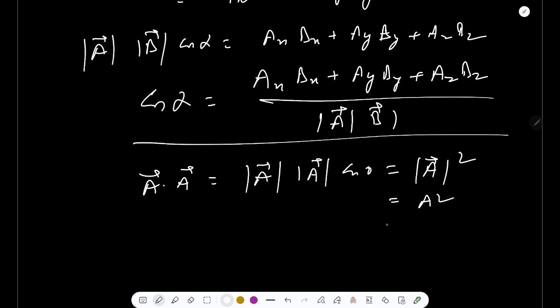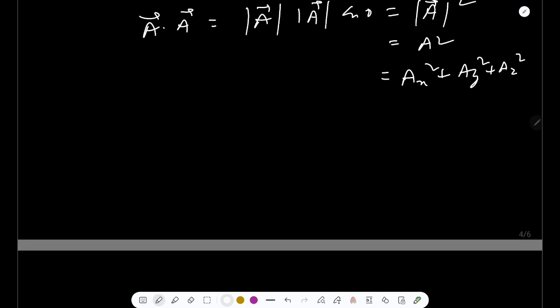So this means A square you can write as AX square plus AY square plus AZ square. So what you got here is that modulus of vector A is nothing but under root of A dot A, and that is how you are going to find modulus of vector A and modulus of vector B by using dot product as well.